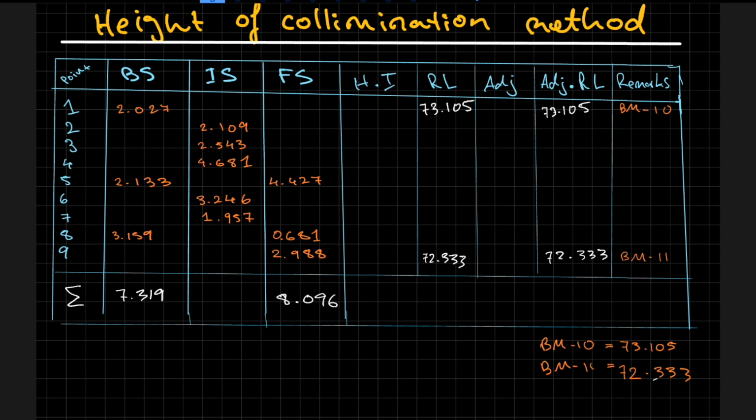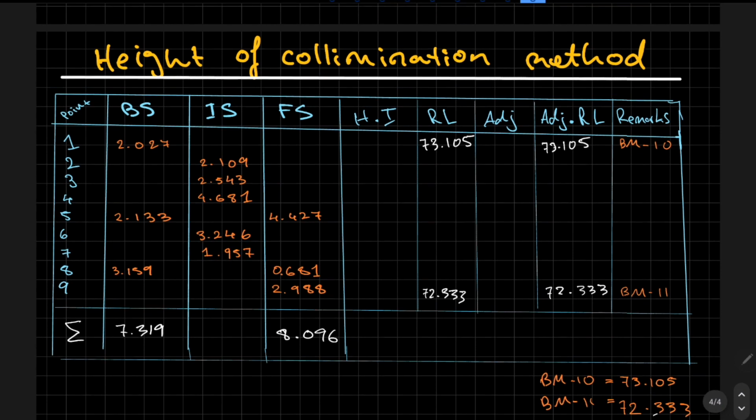Okay, so the second method we have is the height of collimation method. In the orange, we are given the survey data along with a few benchmarks, benchmarks 10 and 11. I have gone and copied these to the RL table.